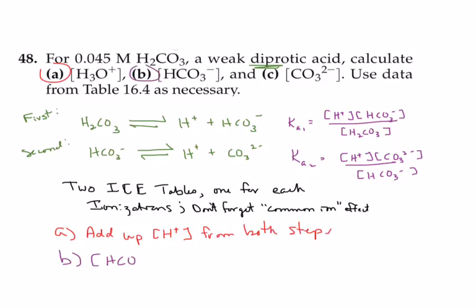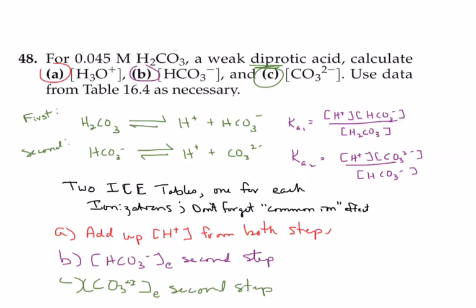Yep, so my hint for A is to add up the hydrogen ion concentration for both ionizations. For B, you're looking at the equilibrium concentration, so basically B is HSO4 minus. And for C, you're looking at the sulfate ion concentration, which their X is, so that'd be 0.011.